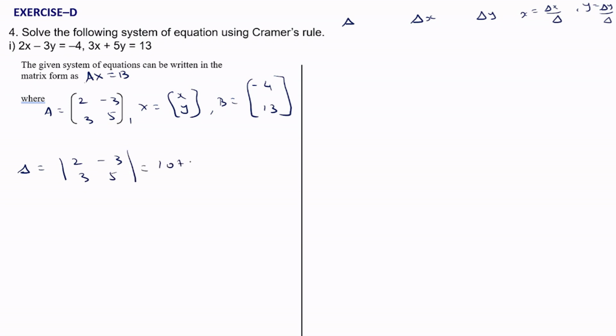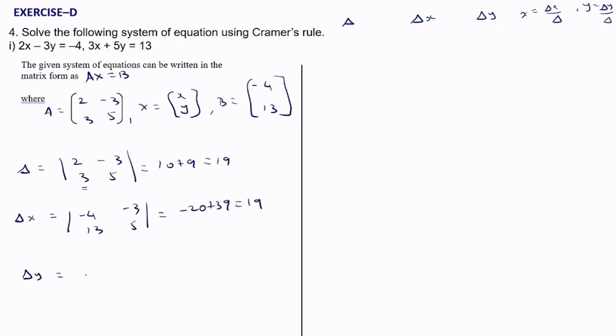So this is 10 plus 9, 19. Then delta x is determinant of minus 4, 13, minus 3, 5. We are replacing the first column with the constants. So it is minus 20 plus 39, which is 19.